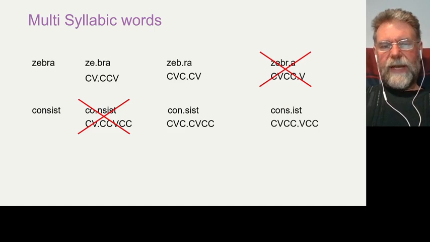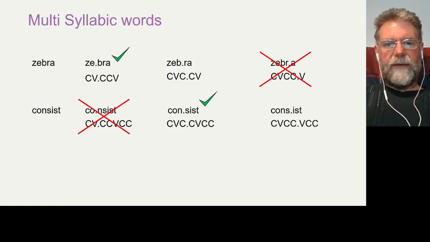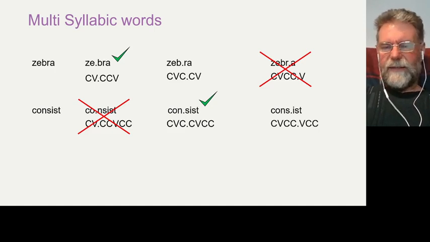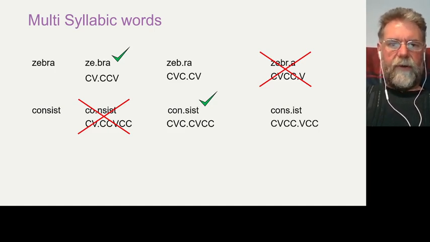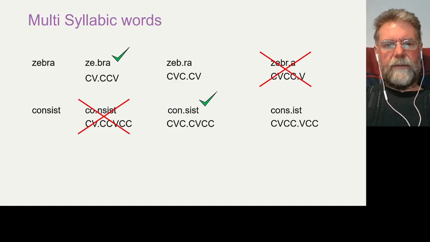Well, if you ask a native speaker, they're going to tell you that it's zeb-ra and con-sist. I think most of you will probably agree that cons-ist isn't the way that you syllabify this word. You may not have necessarily been aware of the zebra case, but most native speakers will tell you it's ze-bra, the way we syllabify that word.